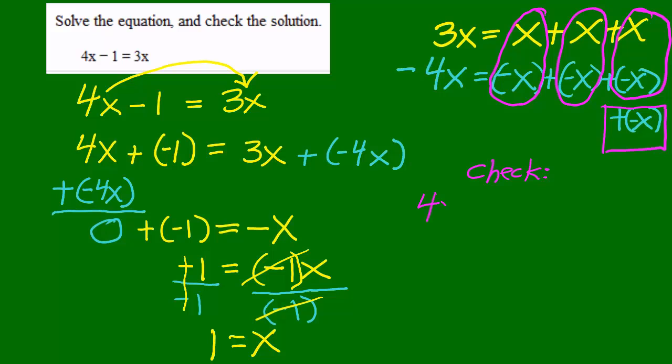I write down the original equation, 4x minus 1 equals 3x. Then I substitute 1 for the x. So I'll have 4 times 1 minus 1 equals 3 times 1.